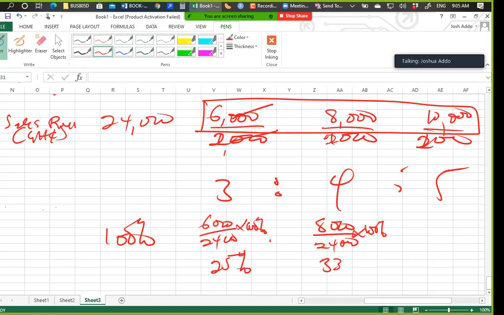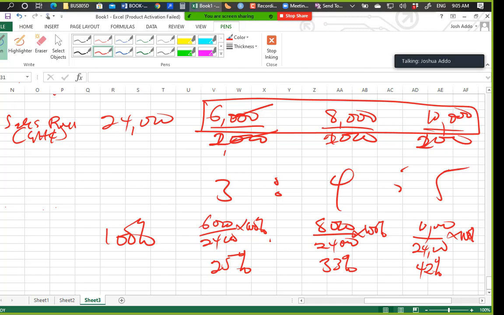So if you say 33%, it means that here will be short some fraction, and it will go to the other one. Okay, so let's say 33%. This one would have been 10,000 divided by 24,000 times 100%. So what would this be? 41.67. So 42%.